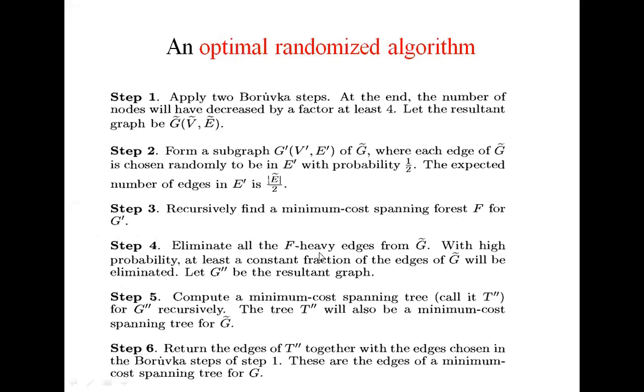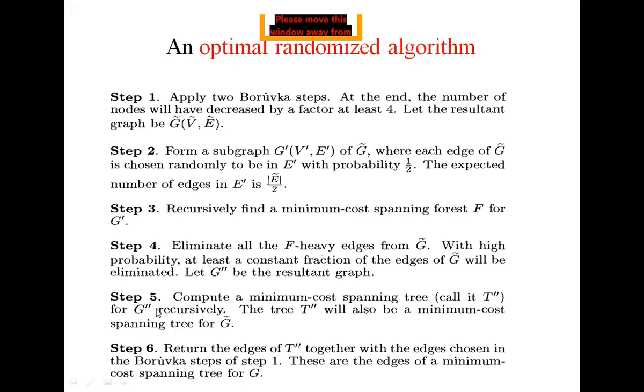With high probability, at least a constant fraction of the edges of G will be eliminated. Let G'' be the resultant graph. Finally, the resultant graph is G''.